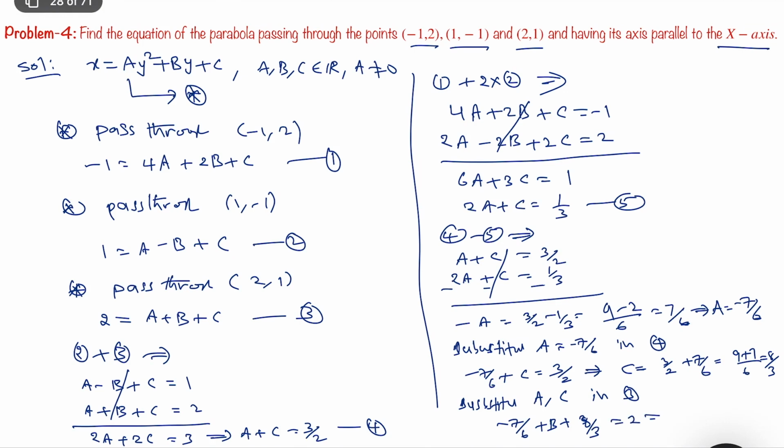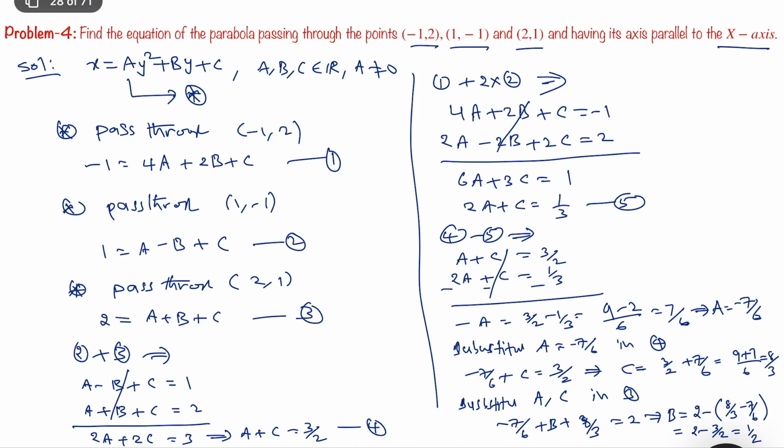That implies b equal to 2 minus of 8 by 3 minus 7 by 6. So that should be equal to 2 minus 16 minus 7, that is going to be 9 by 6. 9 by 6 going to be 3 by 2. So it should be 1 by 2. So the b value we got 1 by 2. So we got everything now.